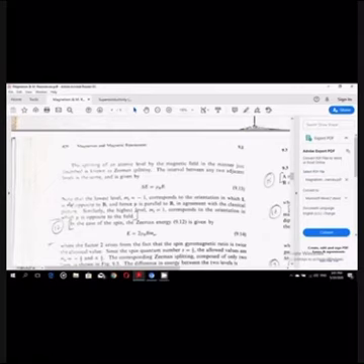The interval between any two adjacent levels is the same and is given by delta E equal to mu B into B. Note that the lowest level, ml equal to minus 1, corresponds to the orientation in which L is opposite to B, and hence mu is parallel to B, in agreement with the classical picture.